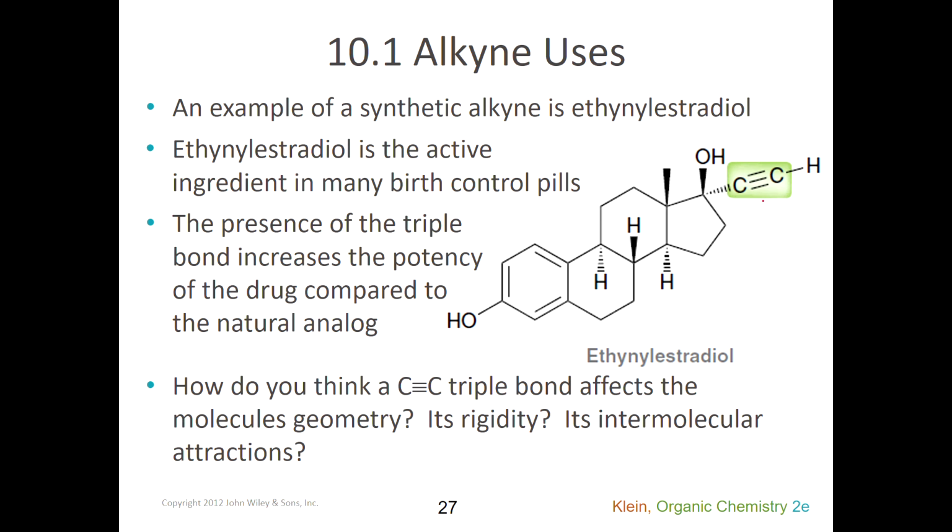You could imagine this alkyne group, since it's a rigid linear grouping, might fit nicely to some receptor cavity and affect the biological processes that that enzyme or receptor might be involved in. So it's the geometry and the rigidity of the alkyne that affects the properties.